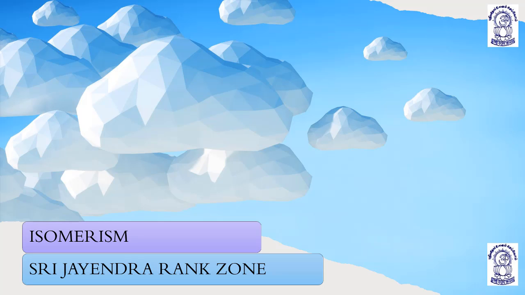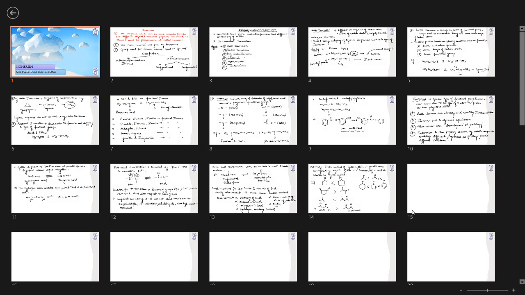My dear students, as you all know, we have started this chapter, isomerism. Today, after discussing structural isomerism, I'm going to discuss stereoisomerism or spatial isomerism. As you know, stereoisomerism or spatial isomerism is related to the three-dimensional orientation of the atoms attached to the carbon.